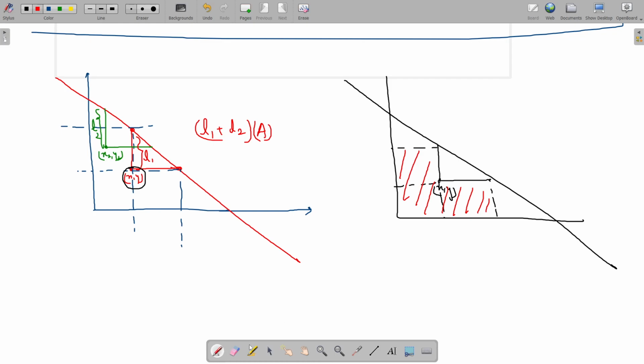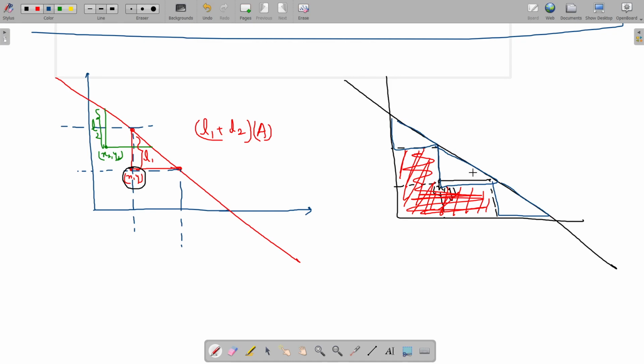Now you can see that it's very beautiful: if we remove this region, we are now left with one isosceles triangle, another isosceles triangle, and another isosceles triangle. So we have actually split our problem into similar types of structures.